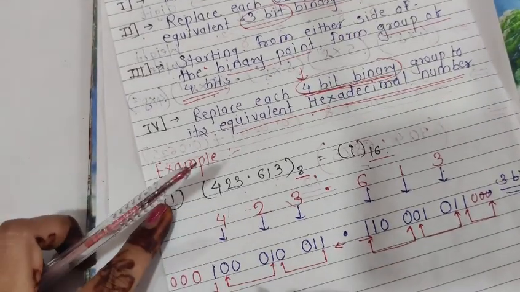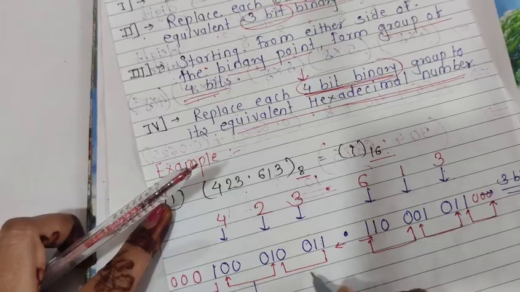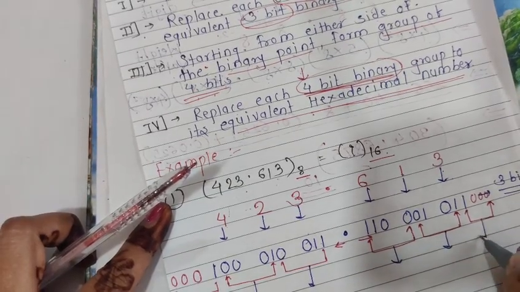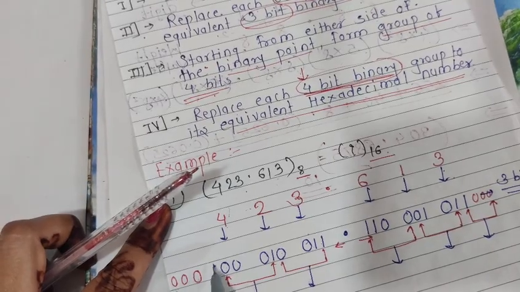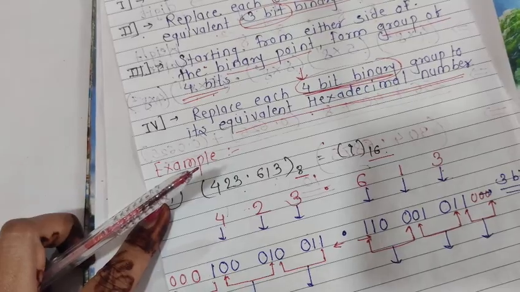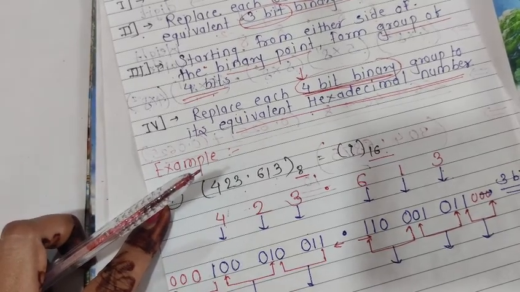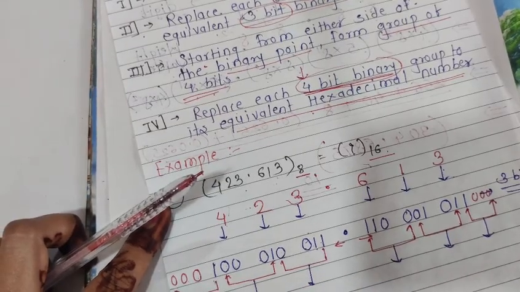Then the next step is to replace each 4-bit binary group with its equivalent hexadecimal value. So 0001, the equivalent hexadecimal is 1. 0001 again is 1. 0011 is 3.